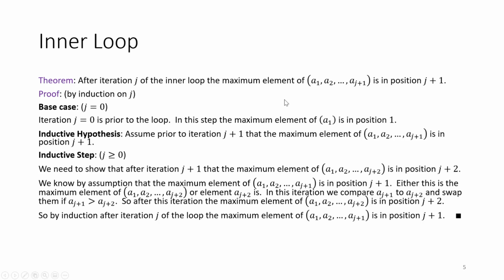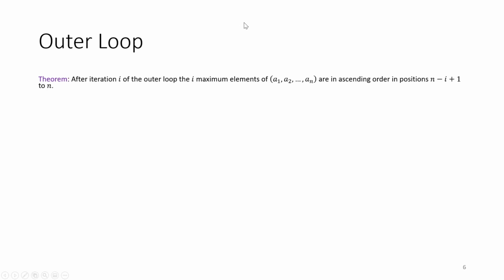In the outer loop, we're not going to focus on the inner loop one iteration at a time like we were here. We're done with that business. We've proven what it does one at a time. Now we say what it does after the last iteration, and that's the one we really want: the maximum element so far is really the maximum element of the whole list, and it's floated to the top. That's the kind of thing we want to argue next. Okay, so let's keep going.